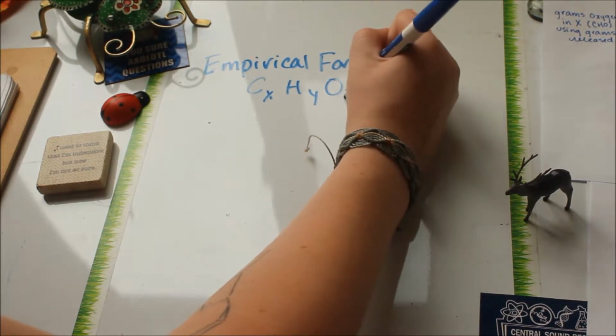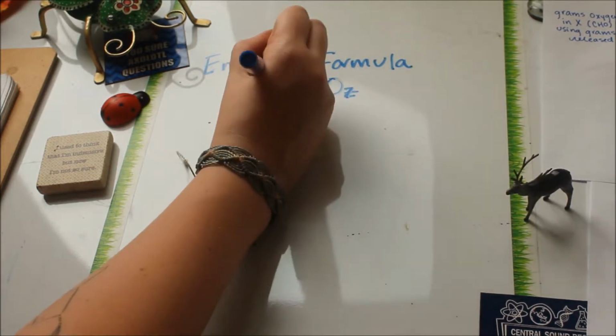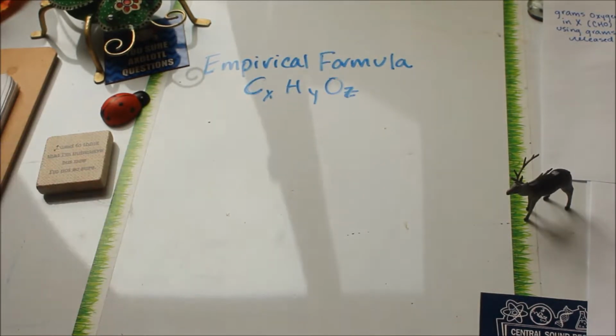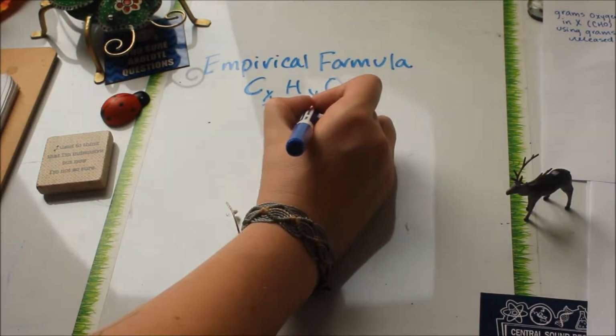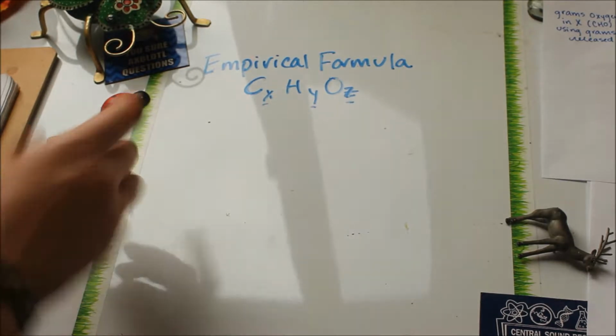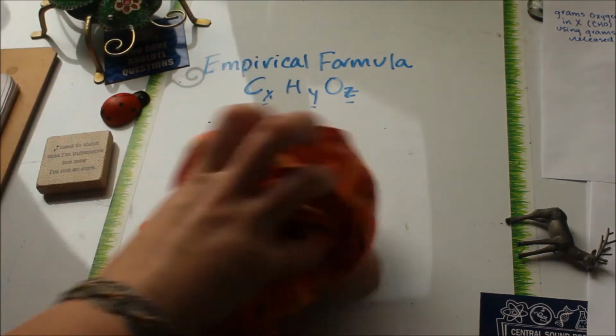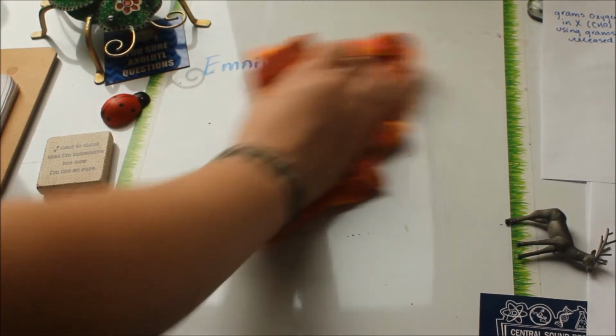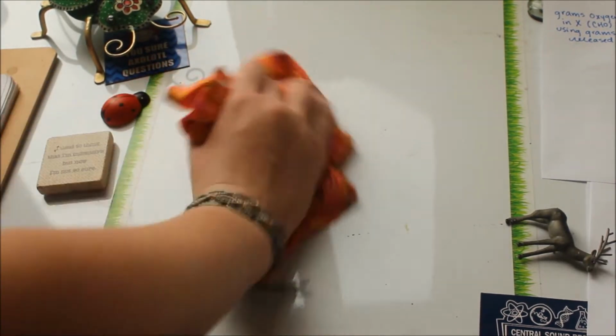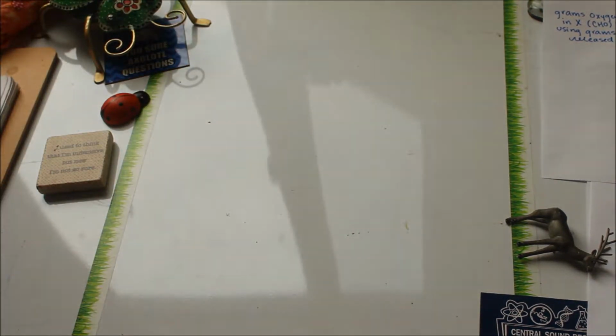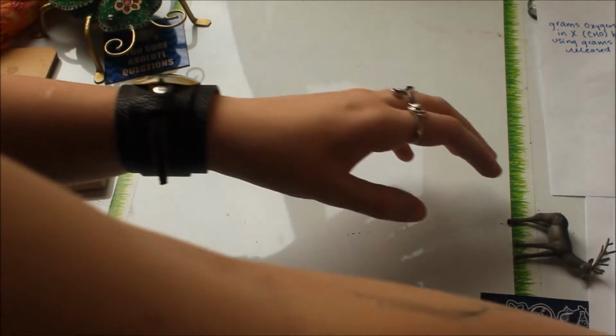CxHyOz is what our model organic is going to look like, and given certain information we can calculate x, y, and z from these scenarios. So I have an example problem. It's pretty lengthy, so just hang with me on this.